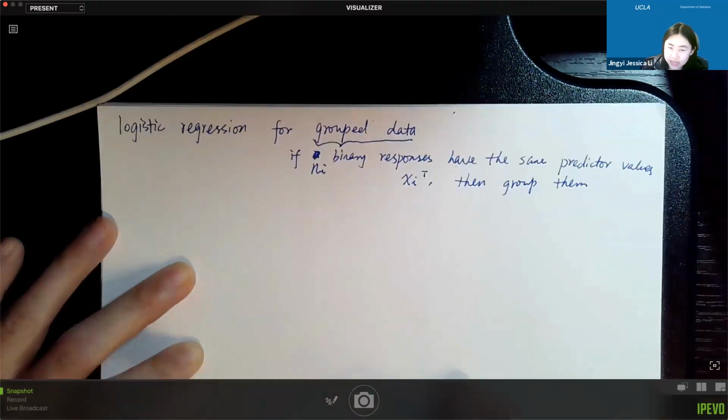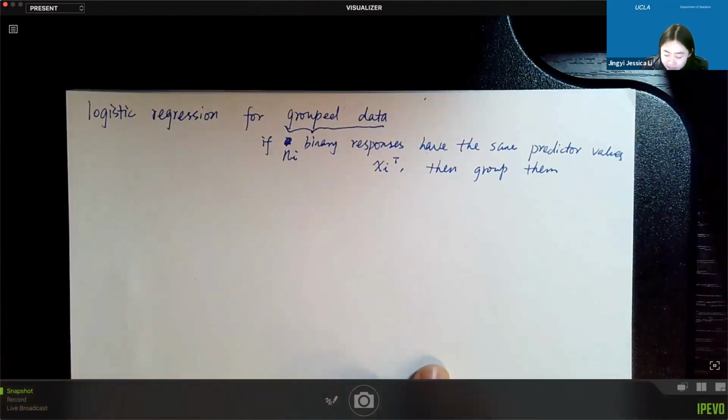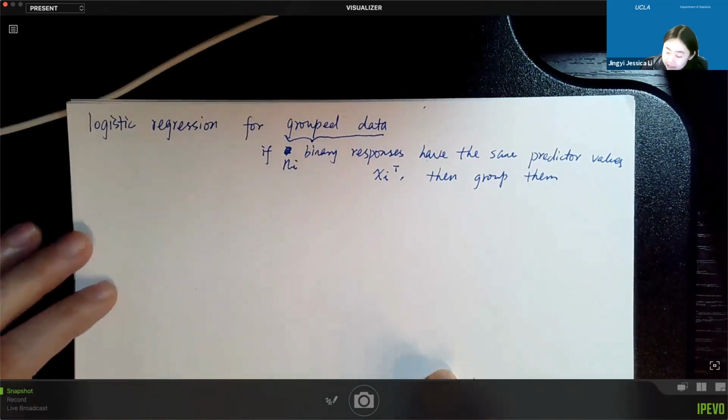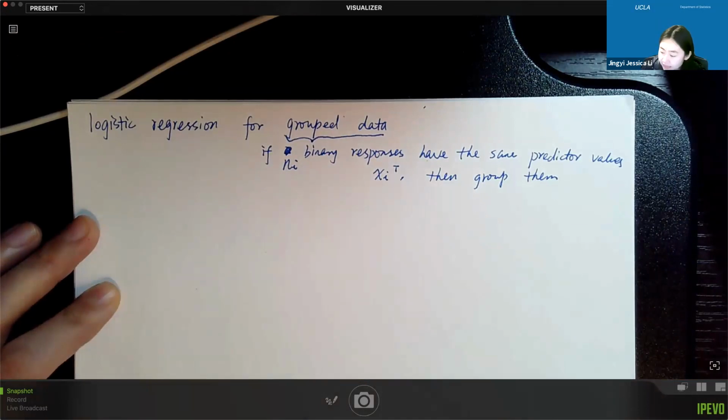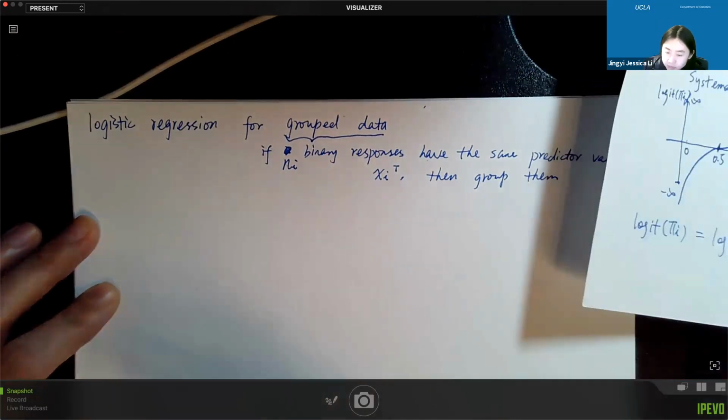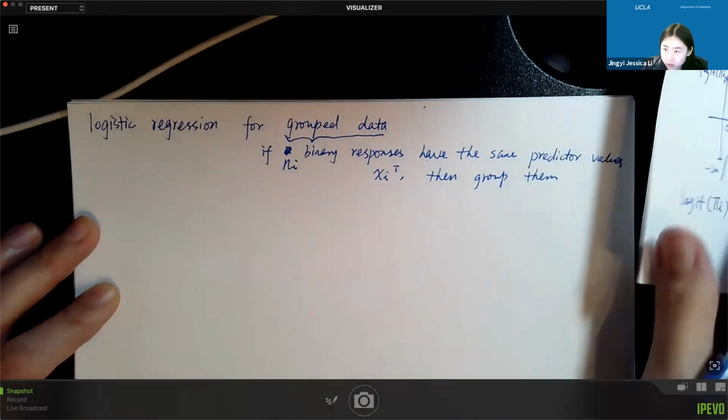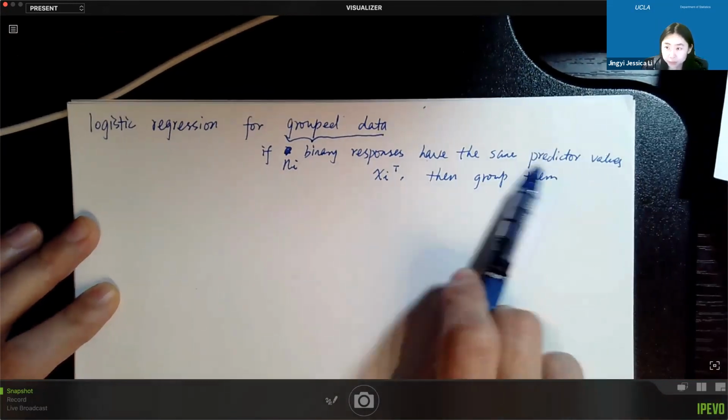This can be more easily seen in the social science context. Let's say that I have Ni respondents to a survey, and they have the same age, gender, education level, and these three are my predictor values.